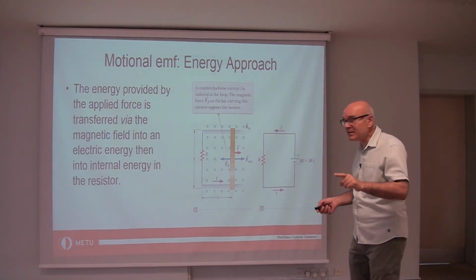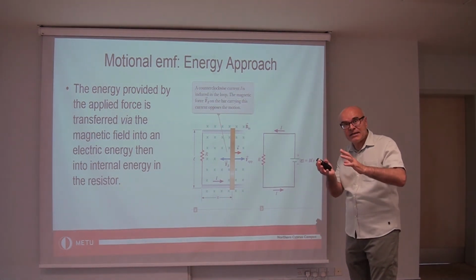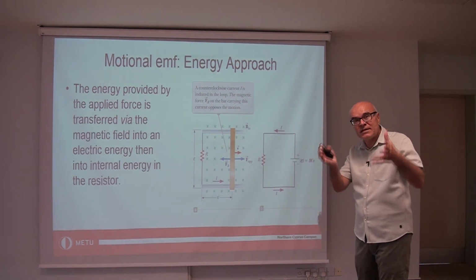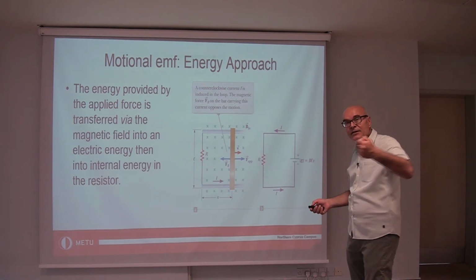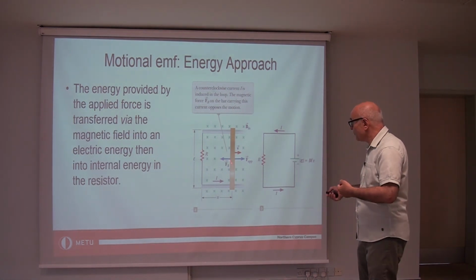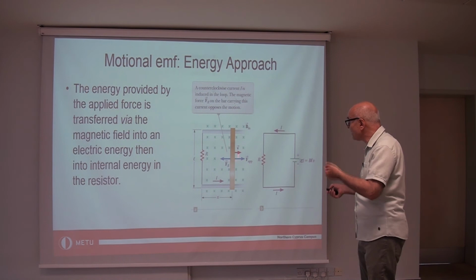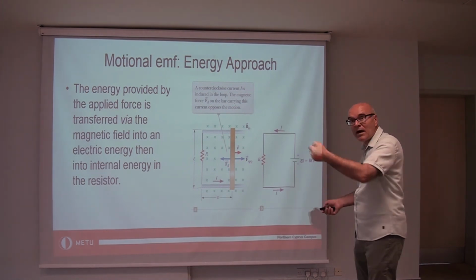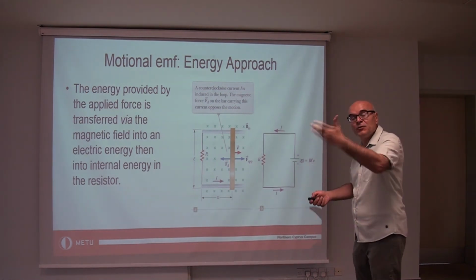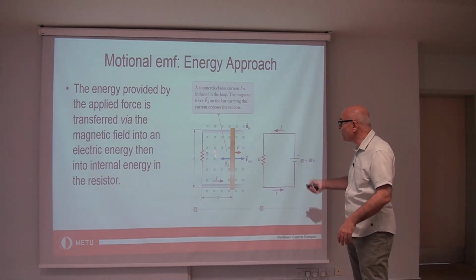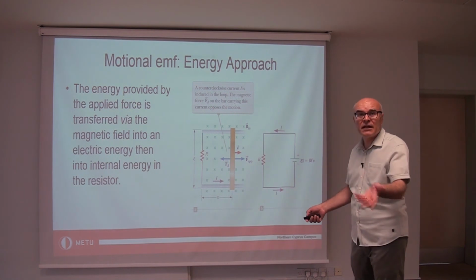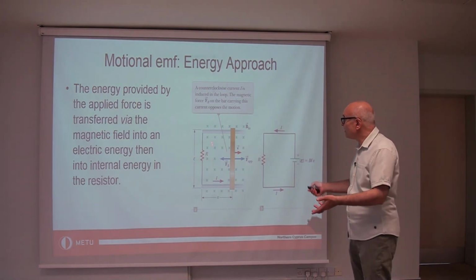So what's happening here is that the magnetic field plays the role of the environment or setup through which mechanical energy, which is the mechanical work done by the applied force on this bar, is transferred into electrical energy and then into any other form of energy as required by the circuit element in which you want to utilize that electrical energy.